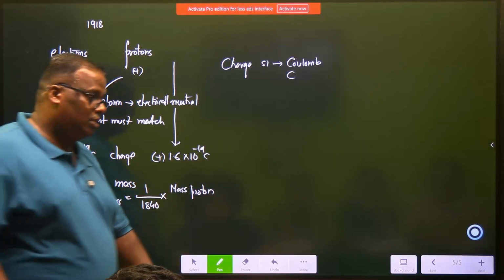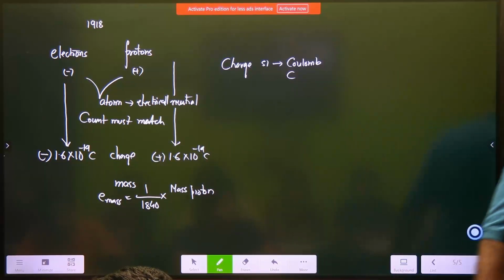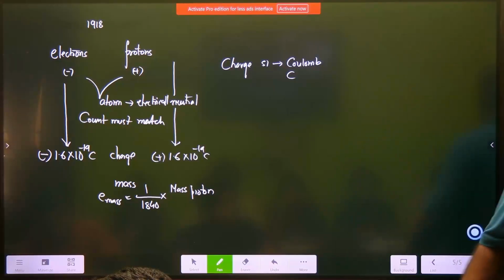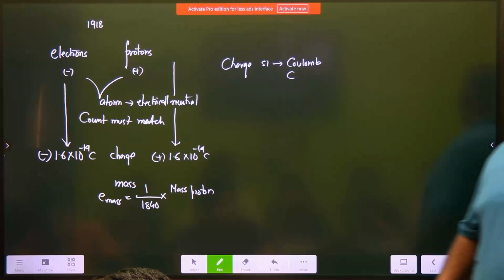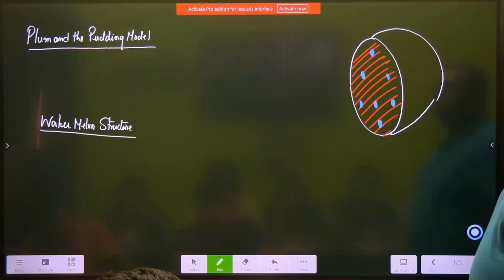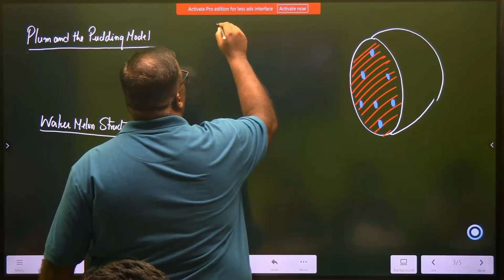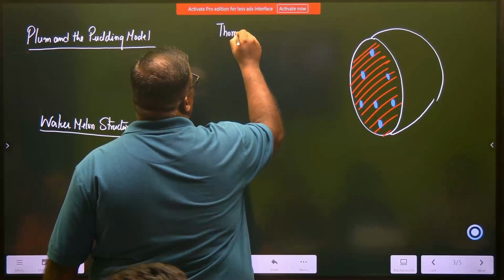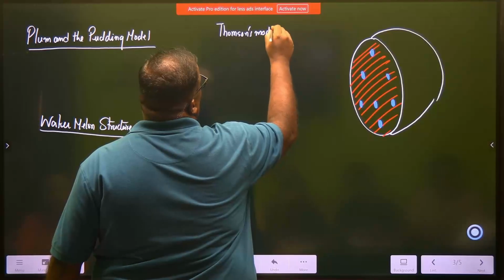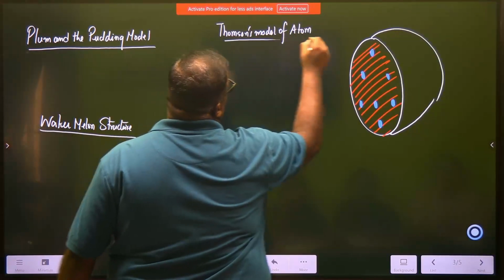So now go back yourself as J.J. Thomson. You now know that the atom is electrically neutral, contains positively charged particles called protons, and contains negatively charged particles called electrons. Is this understood? Fine. Now he has to give a model of the atom, known as Thomson's model. From here the interesting story starts.